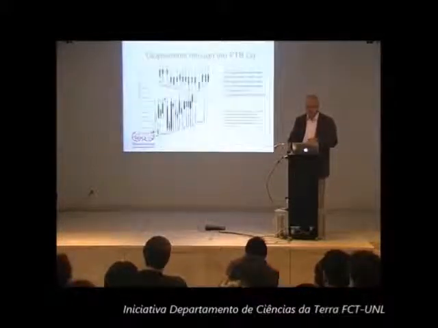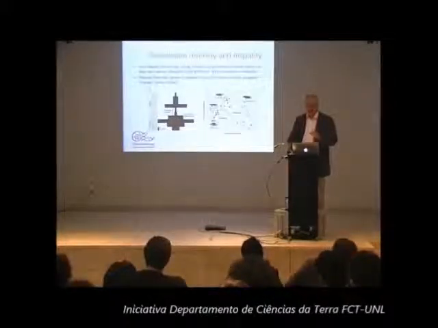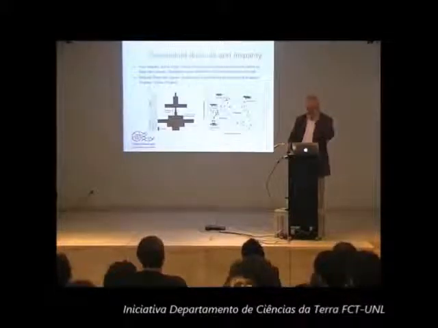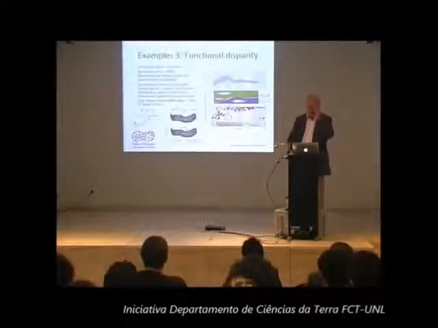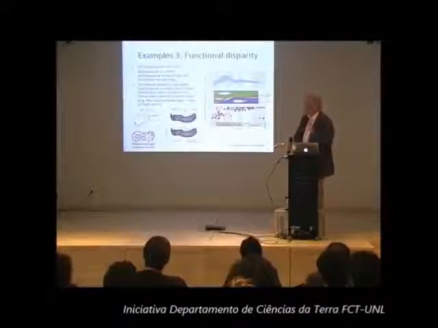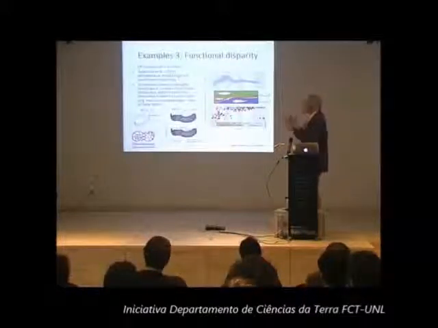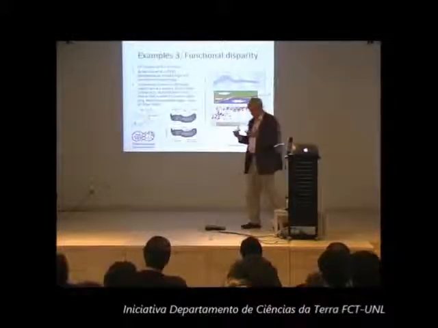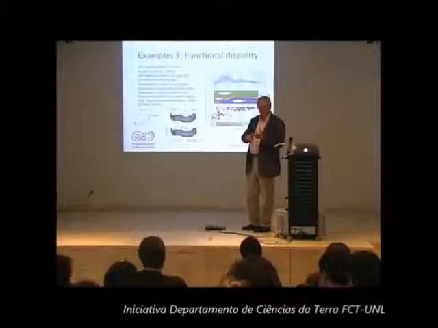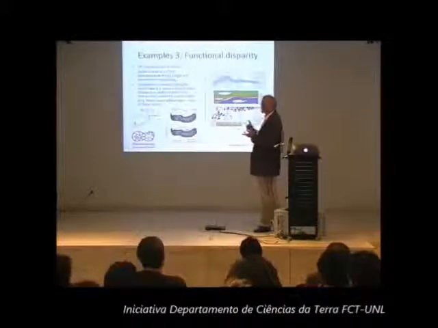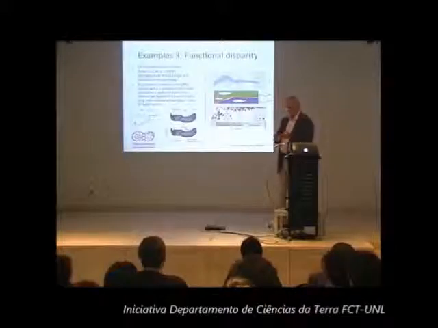So I'll hop past this because I've gone on quite enough. Diversification, yes, so functional disparity. This is a new way of, I don't know if this is completely defensible, but the disparity I was talking about was simply shape. We do want to know something about function.